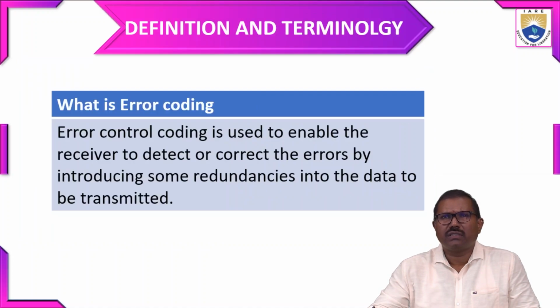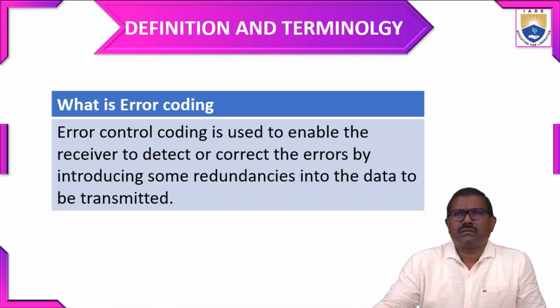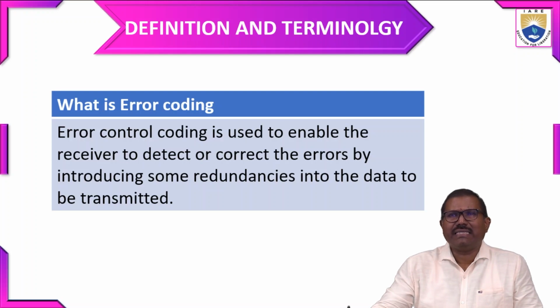Now coming to the definitions. What is error coding or error control coding? Error control coding is used to enable the receiver to detect or correct the errors by introducing some redundancies into the data to be transmitted. Here they are adding some redundancy.